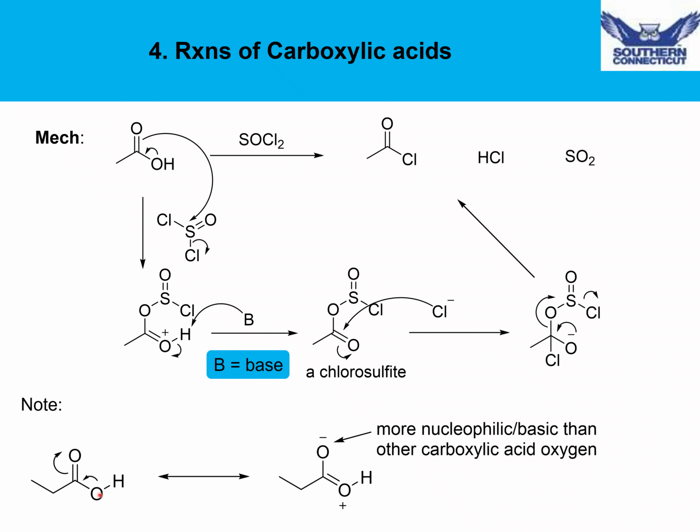And one way of thinking about this is if we push electrons, the lone pair on this oxygen towards the carbonyl, we have this other resonance form that has a negative charge on this oxygen. So in general, the oxygen of the carbonyl is more nucleophilic than the other oxygen on this carboxylic acid.